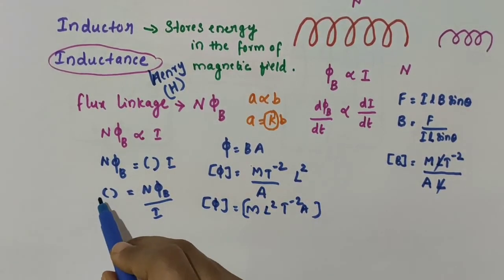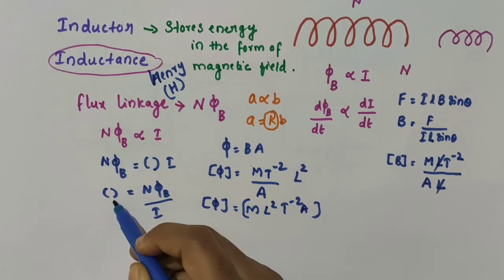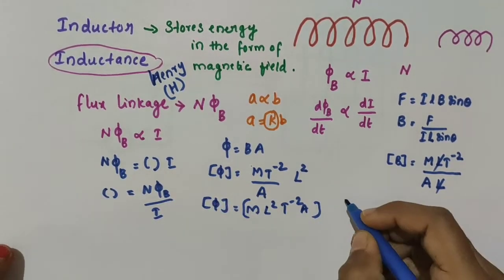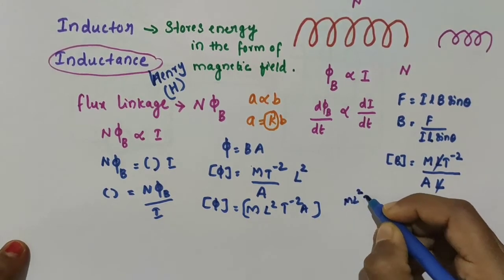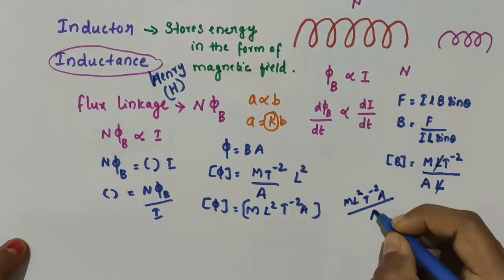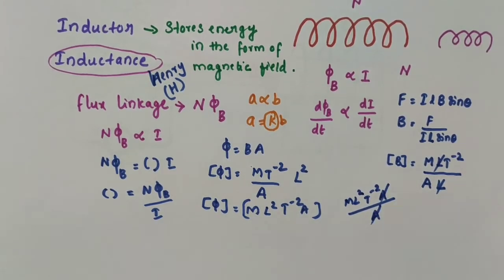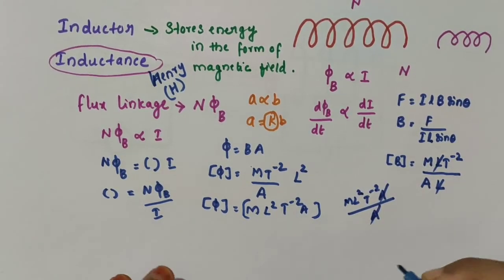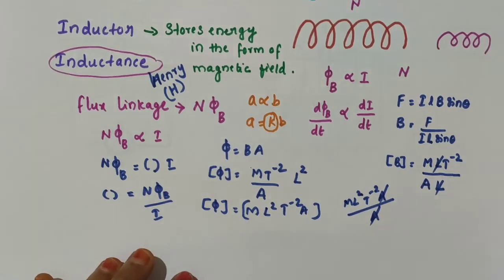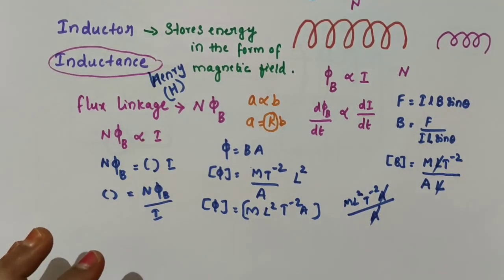We want the dimension of inductance. This particular one is the inductance, so the dimension of flux divided by the dimension of current. Oh, sorry.